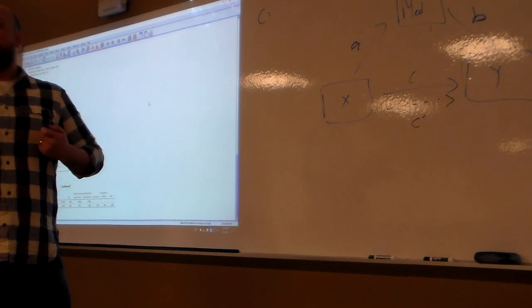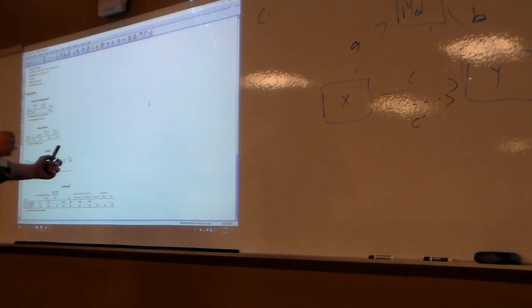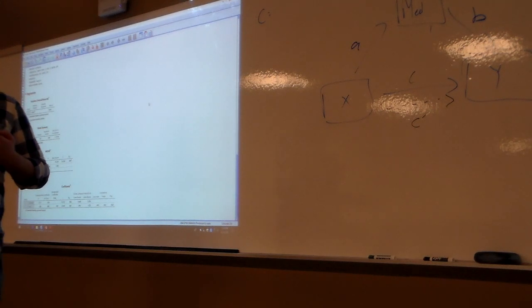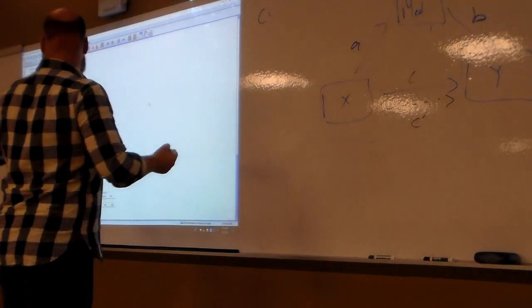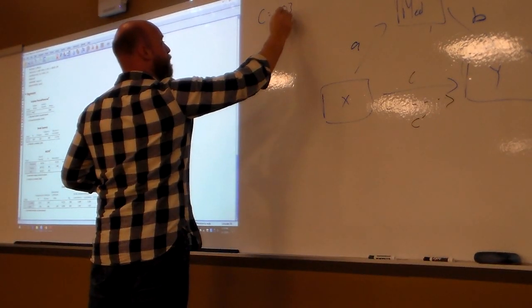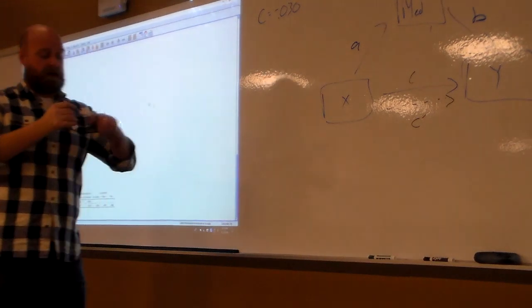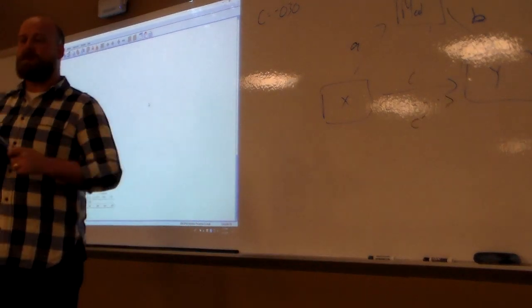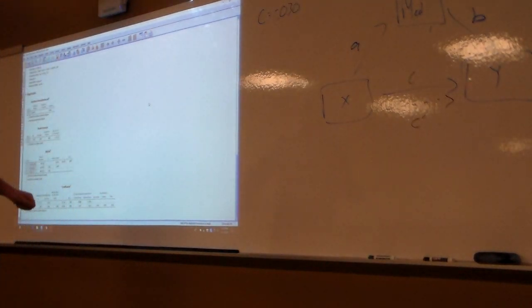So it looks like my PTSD score is accounting for about 9% of the variability in my outcome. Okay, and so my C path here is negative 0.030. This is the total relation between X and Y that I'm accounting for, right?